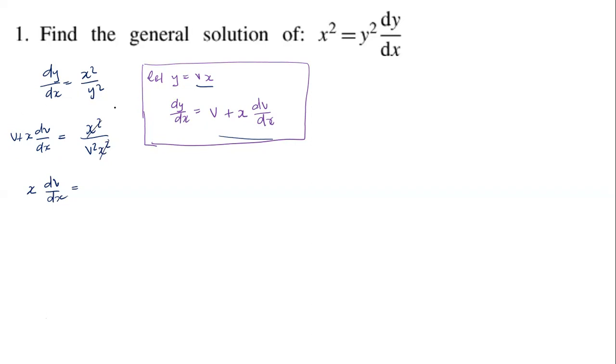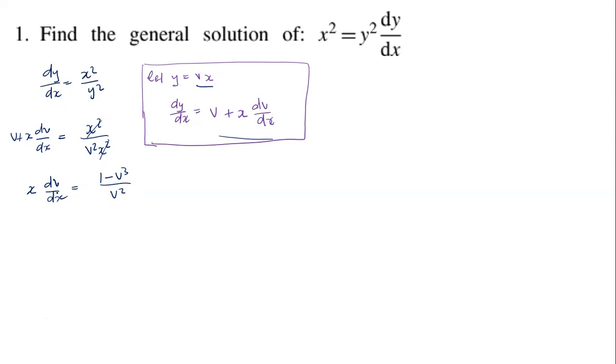When I transpose my v to the other side, basically I'm going to have 1 subtract v to the power of 3, divided by v squared. If you transpose this v and add it to 1 over v squared, this is what we are going to get.